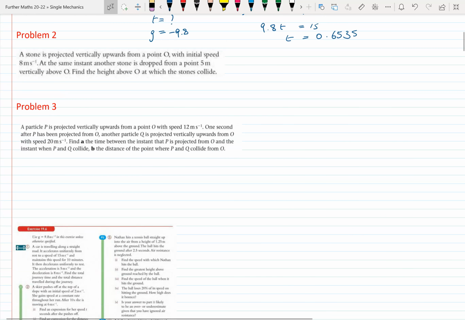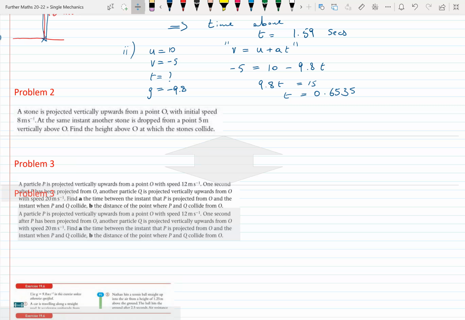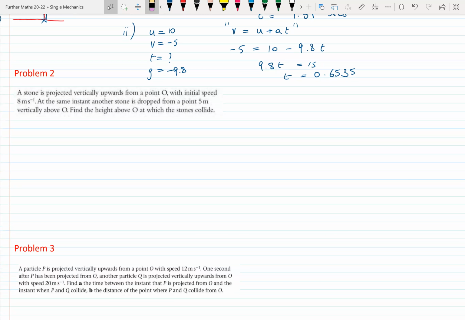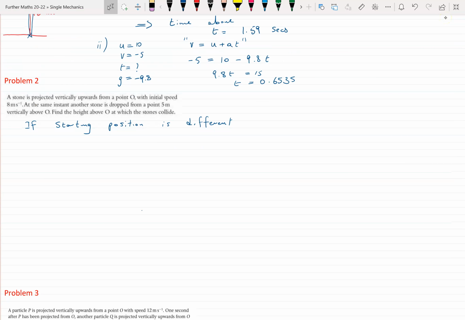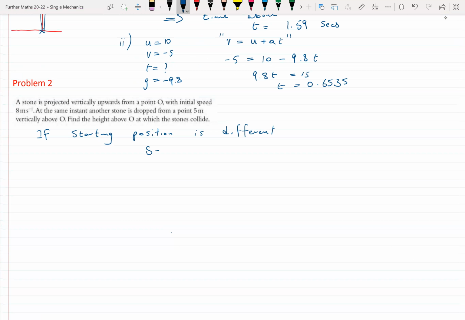Right, now problem 2 is the kind of problem where we need to look at different starting positions, and you might find it useful to use this formula: S minus S naught is equal to ut plus a half at squared.